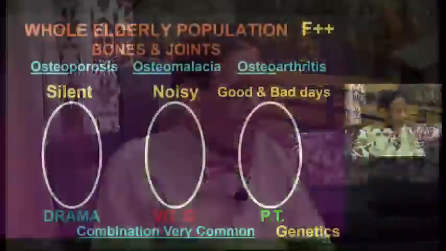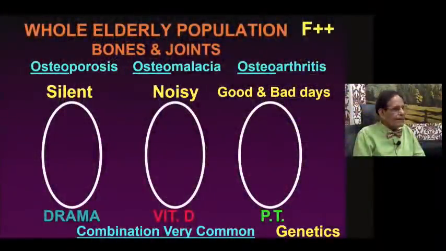So we come to the first slide, where especially elderly people, especially females, all the elderly females coming to your clinic must be having all three illnesses: osteoporosis, osteomalacia, osteoarthritis.